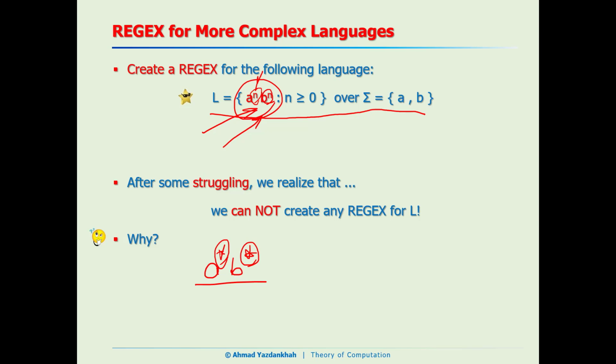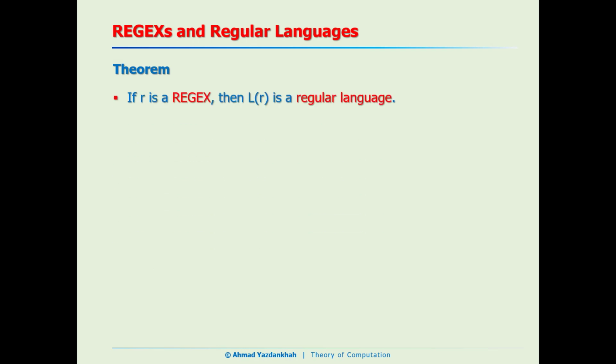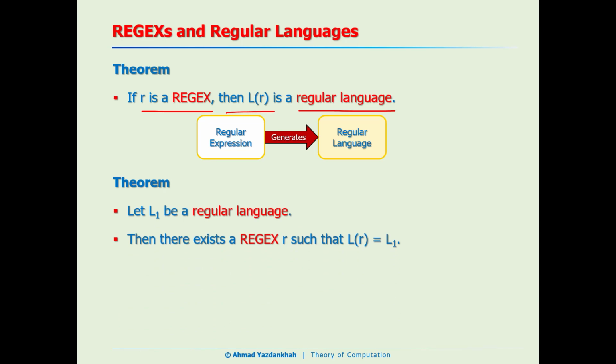So this is leading to the idea that regexes are only for regular languages. This theorem is actually proving this. If R is a regex, then L of R is a regular language, and vice versa.